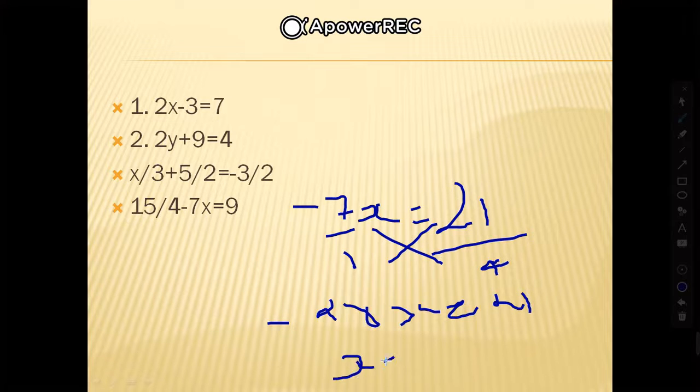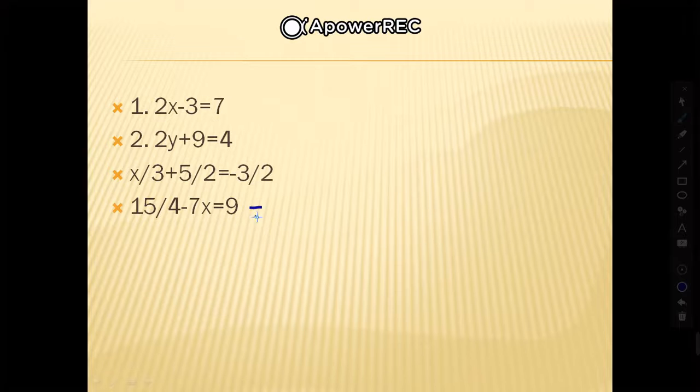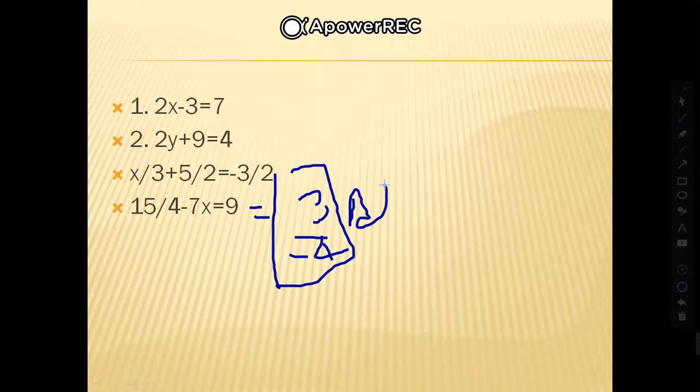Now x will be 21 by 28, and now cancel it. The answer is now 3 by minus 4. So this is the answer. Here we solved our 4 examples.